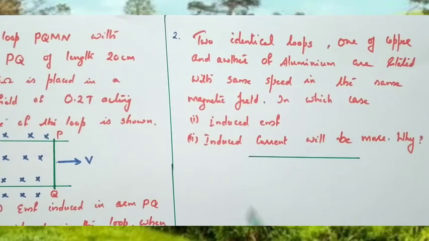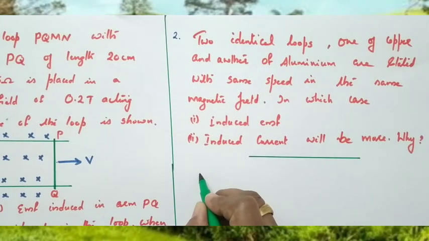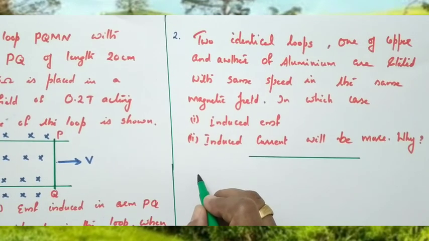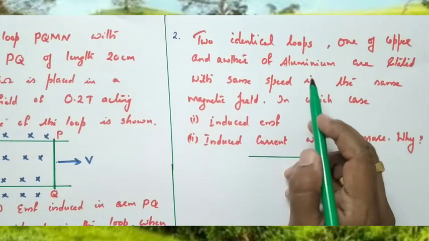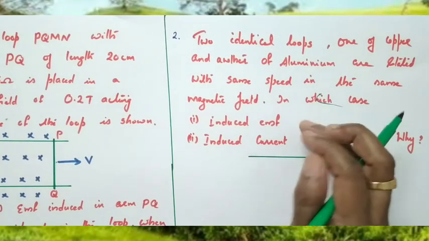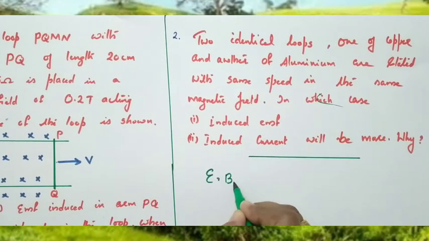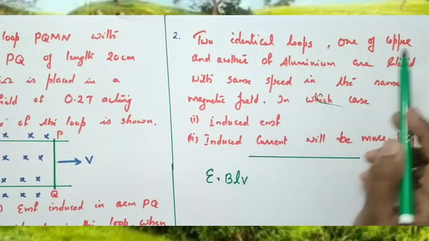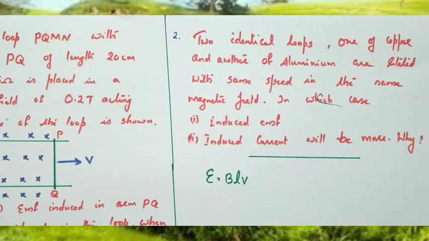So the induced EMF will be the same in both loops, because it does not depend on the nature of the material. It depends only on the magnetic field, the length, and the velocity.